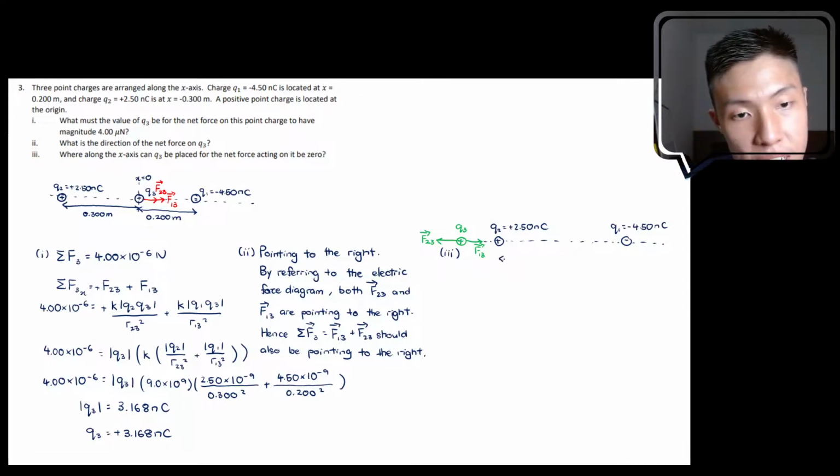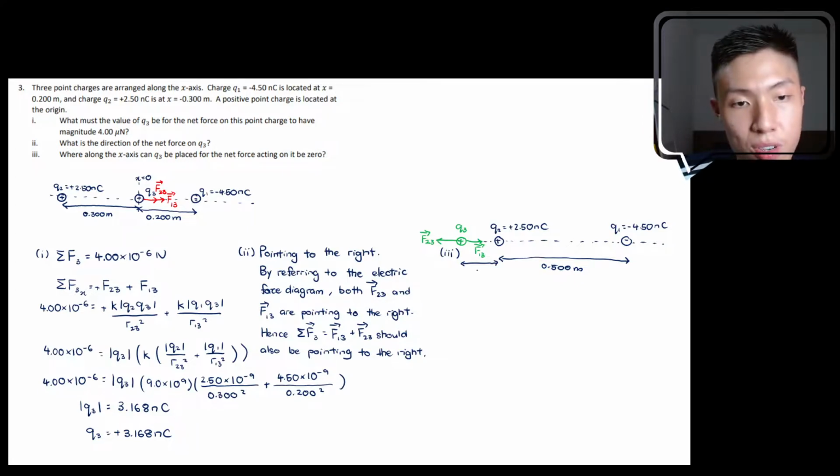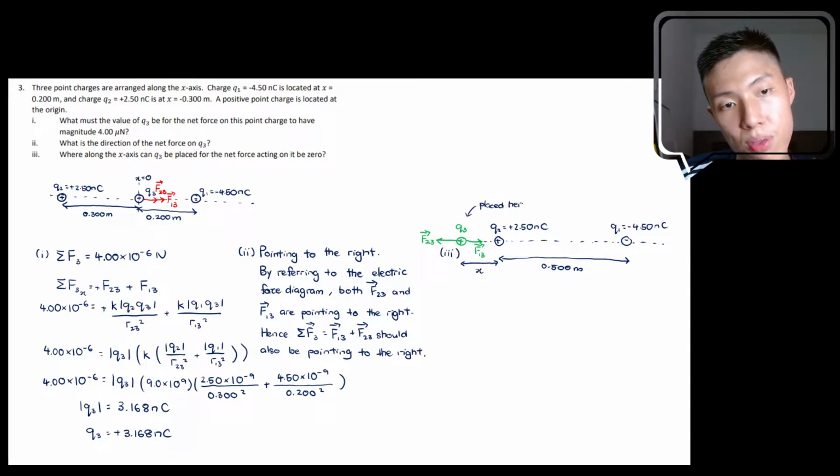So I'll label this. I know the distance between Q1 and Q2 is 0.500 meter. And the distance between Q2 and Q3, let's just call it x because we don't know the value. Later we find x, then we know where we should place our Q3. We know Q3 needs to be placed here, but how far it is from Q2 is what we want to find out.